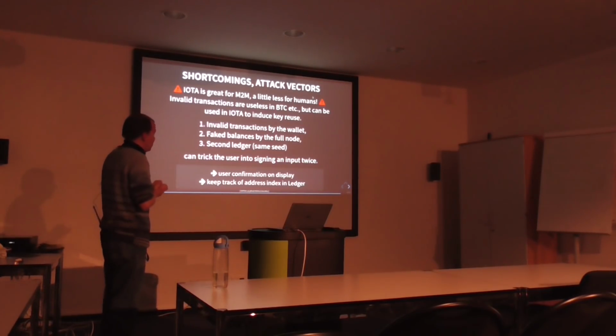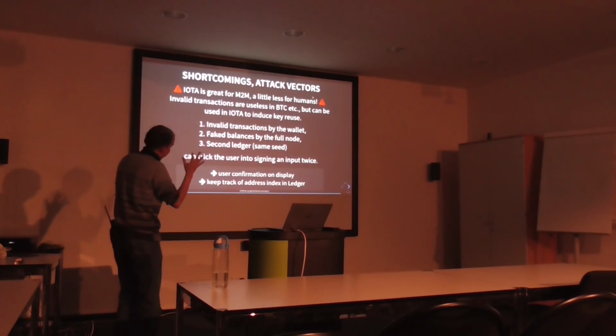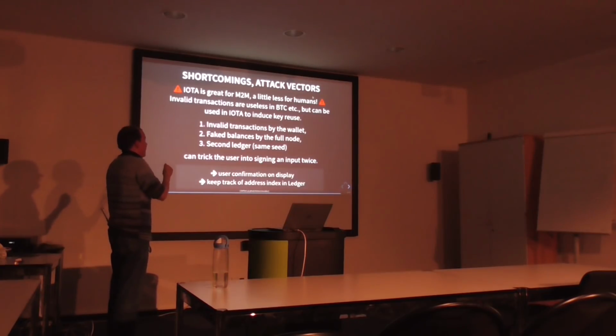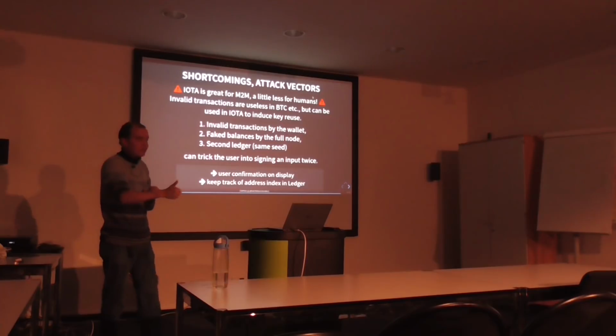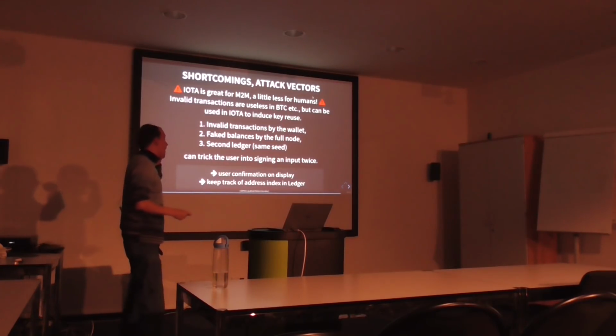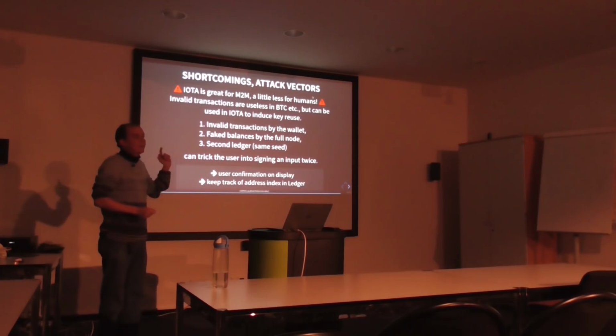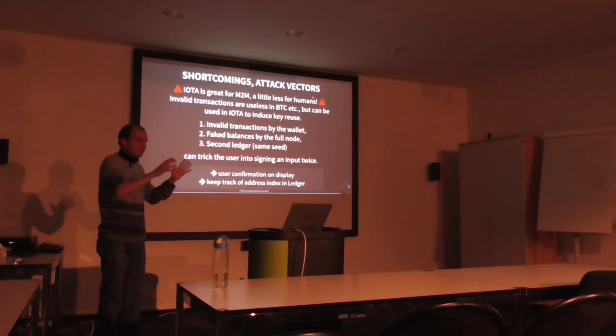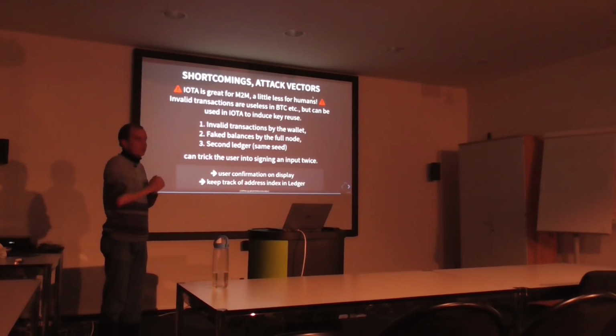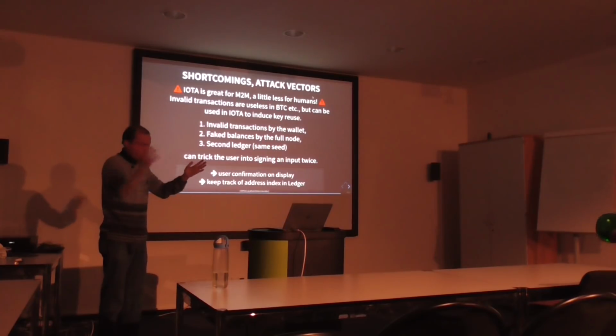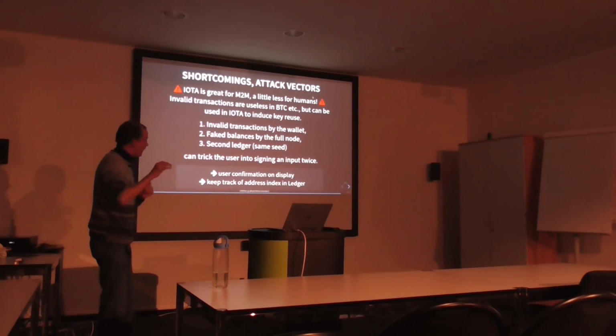So this is an issue, and certain steps need to be taken to ensure that this does not happen. And it gets even worse, even if your wallet is working 100% correctly. If you're working behind a malicious full node, it can give you wrong balances on your accounts. It tells you there are 10 IOTA on this address, but there are just 5 on it, so you'll always generate an invalid transaction, and then the full node gets it and can maybe do something with it.